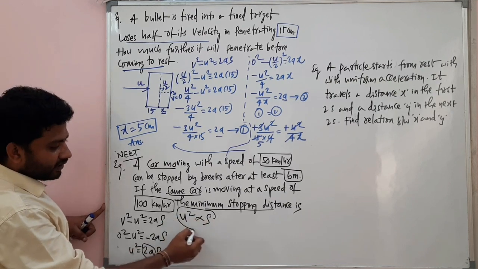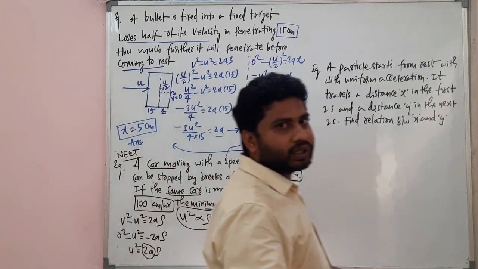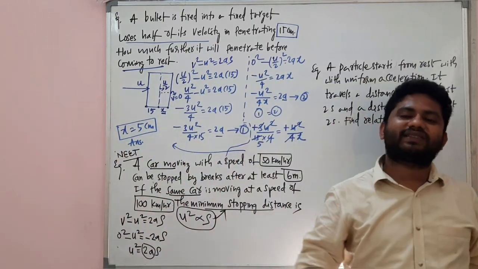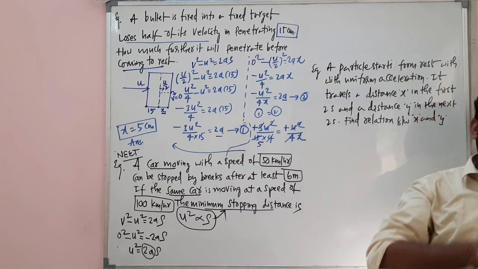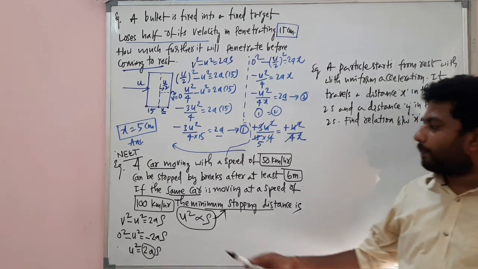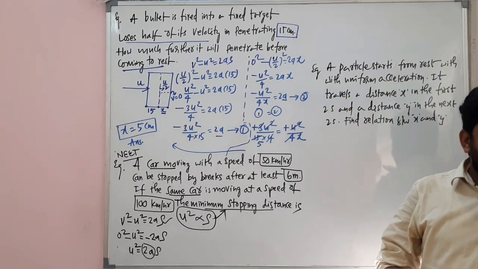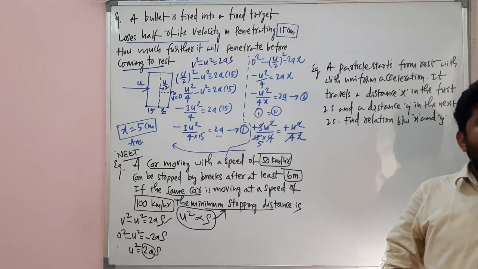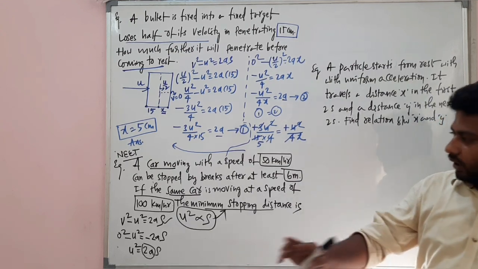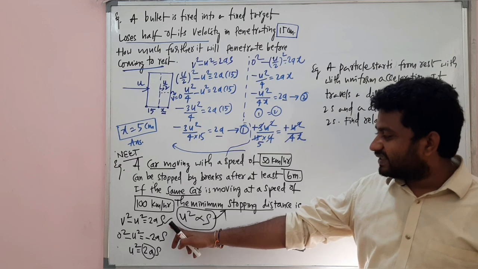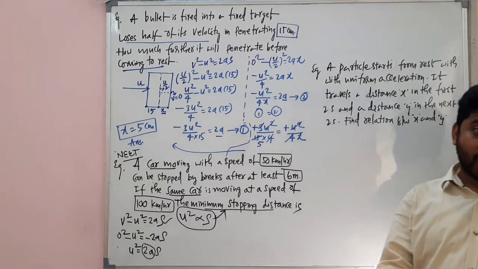When it is constant, I can write u square is directly proportional to s. Remember, whenever there is a question based on stopping distance, remember my dear students, immediately you write u square is directly proportional to s. When they are asking only the stopping distance formula or concept, use this formula.